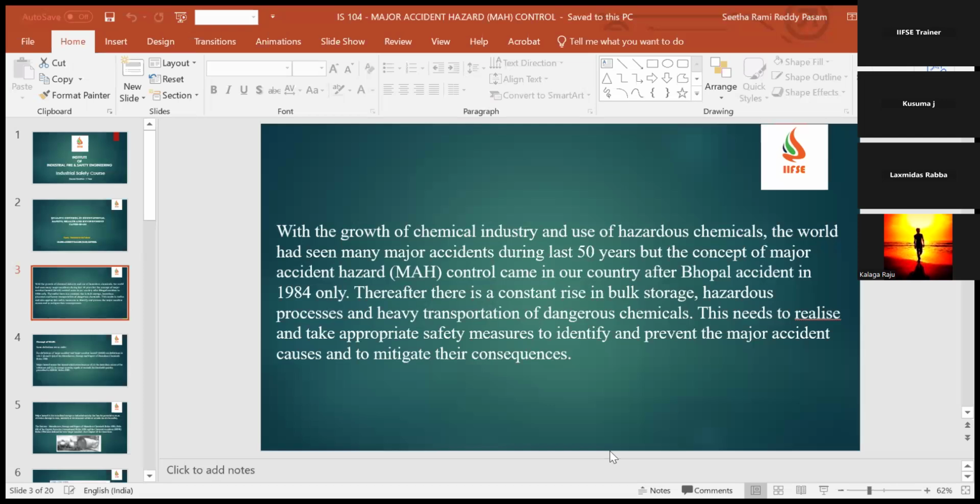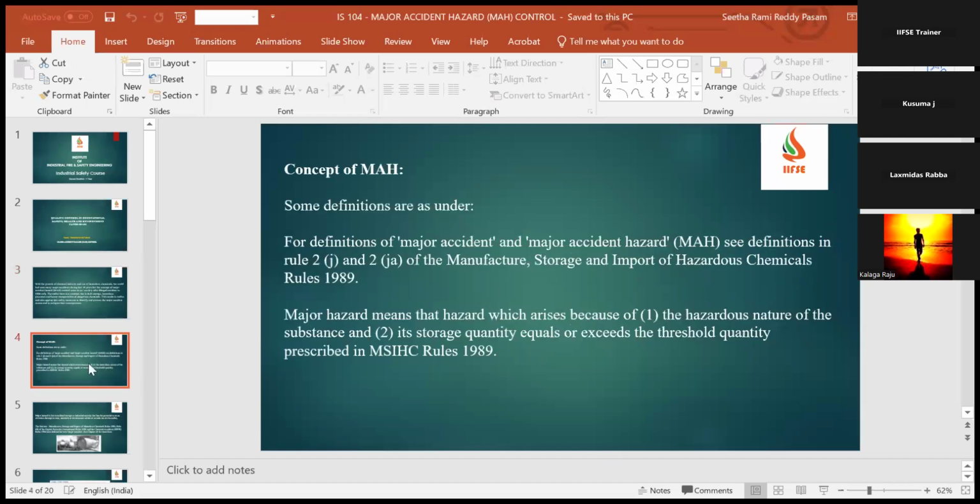After the Bhopal accident, the Indian government realized this and came up with these MAH systems, because storage quantities, manufacturing processes, and even transportation had increased. As a result, there should be a control. They have started this.